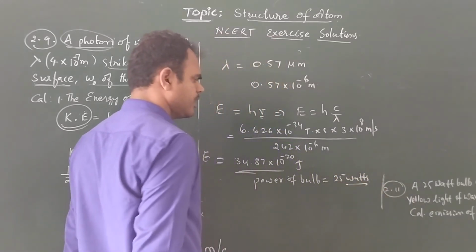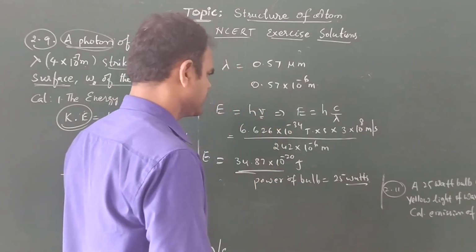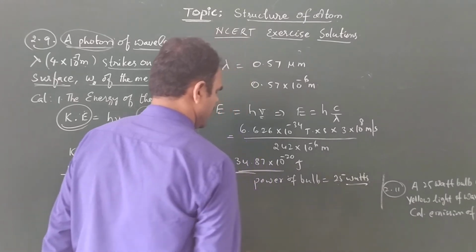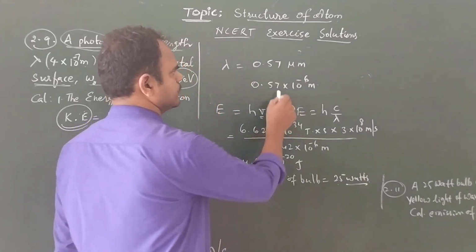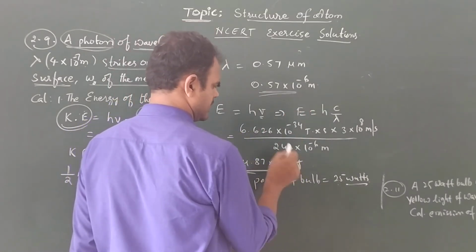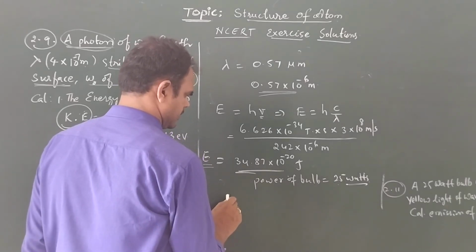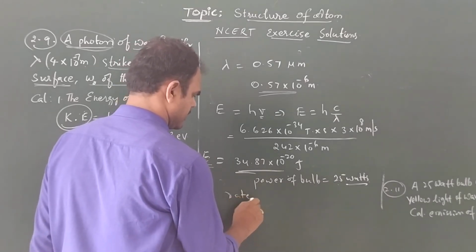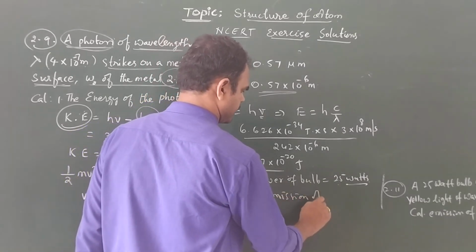Watts is the unit of work upon time, work per time. Now we got the energy with this wavelength, 34.87 into 10 to the power of minus 20. Then you must calculate the rate of emission of quanta.